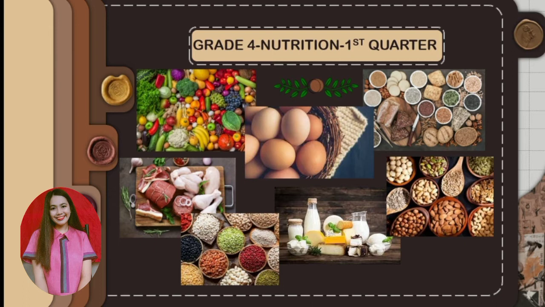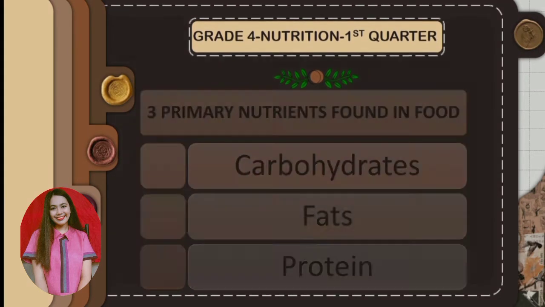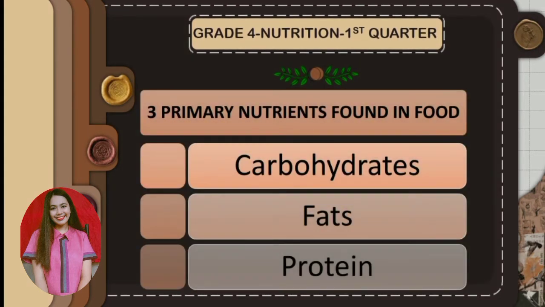A variety of foods will supply the vitamins and minerals a growing body needs in order to develop strong muscles and healthy skin. Foods are made up of nutrients that the body needs to grow and function. There are 3 primary nutrients found in food, which are carbohydrates, fats, and proteins.